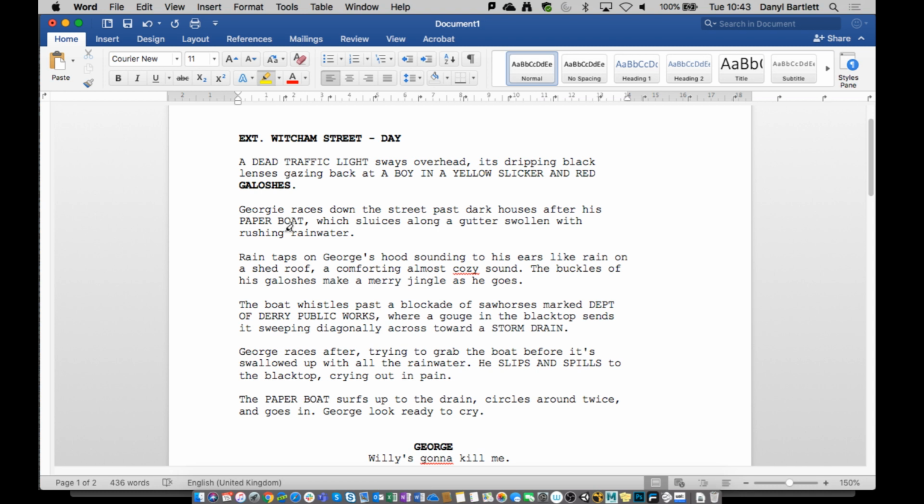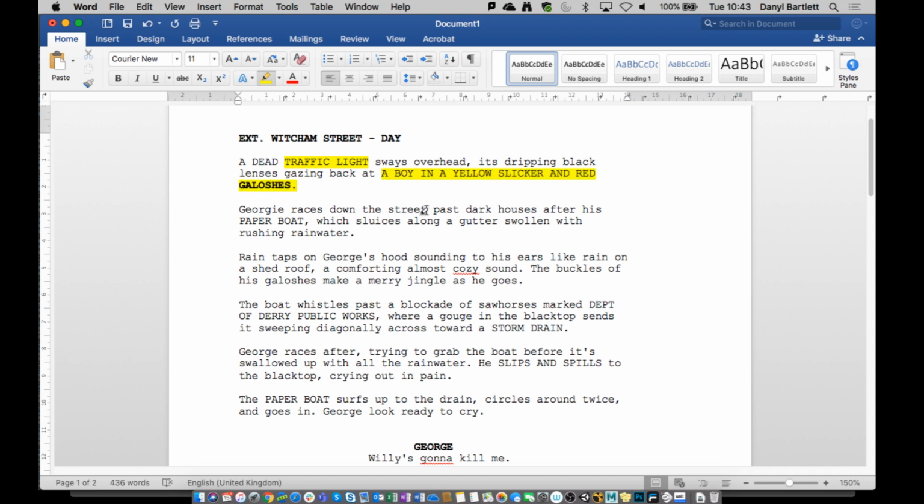Okay, right. Dead traffic light sways overhead, its dripping black lenses glazing back at a boy in a yellow slicker and red galoshes. So I'm just going to go through this as we work and just kind of highlight the stuff, yeah? So there are things here that we can't change.